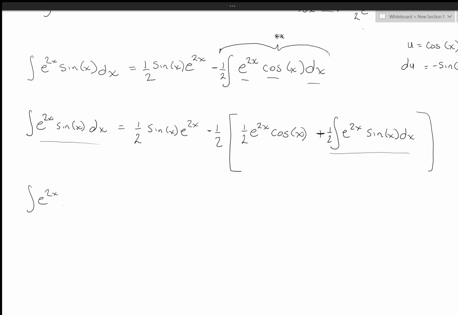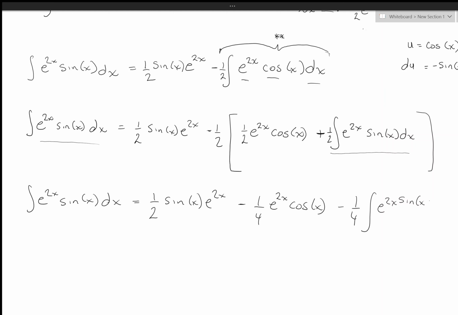The integral of e to the 2x sine x dx equals 1/2 sine x e to the 2x minus 1/4 e to the 2x cos x, minus 1/4 the integral of e to the 2x sine x dx.